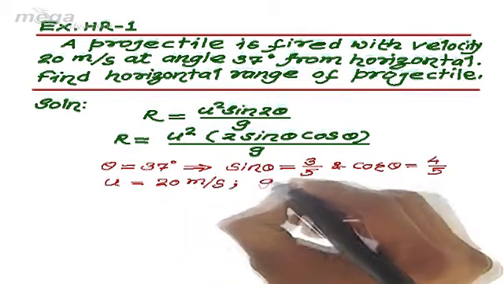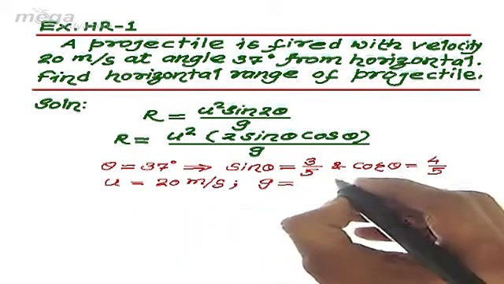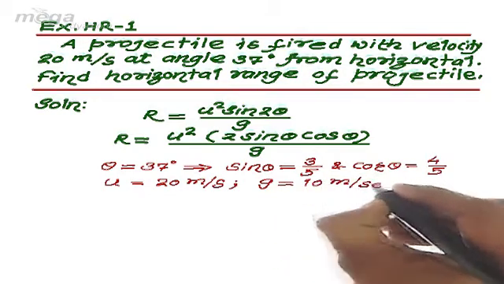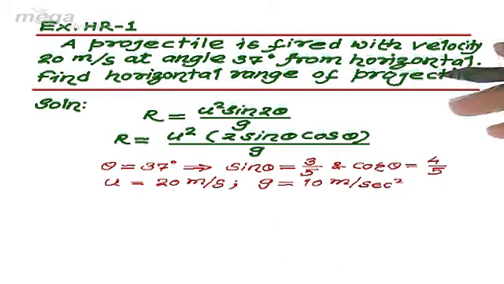The value of g is well known to us. Here the value of g is not stated, so we are taking it to be 10 meter per second square, as the value of g is almost equal to 10 or 9.8 meter per second square. For ease of calculation, I have taken this value as g.